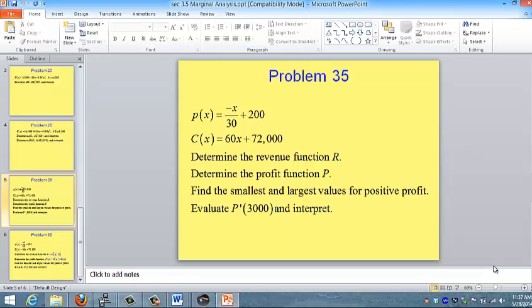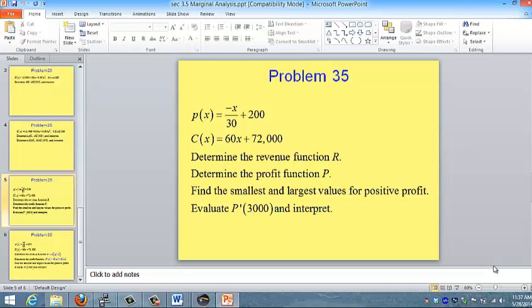We did a problem kind of like this last week, and we worked it out. Let me give you a couple of hints that will help. By the way, here's what we're supposed to do. Find the revenue function, find the profit function. Then it says find the smallest and largest values that'll give you positive profit.